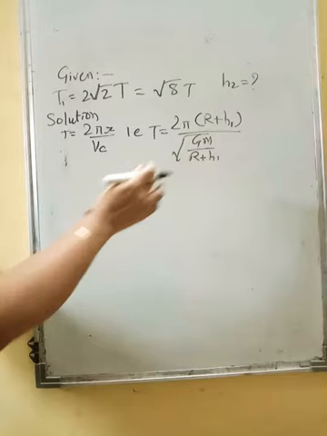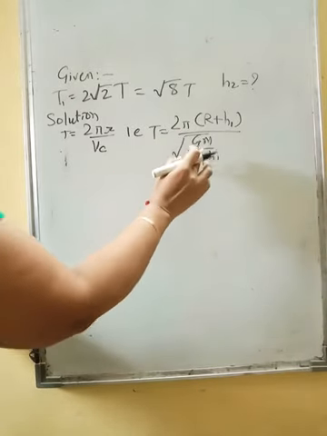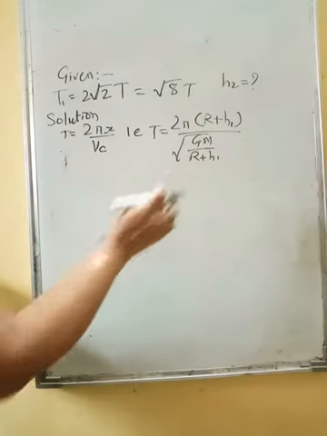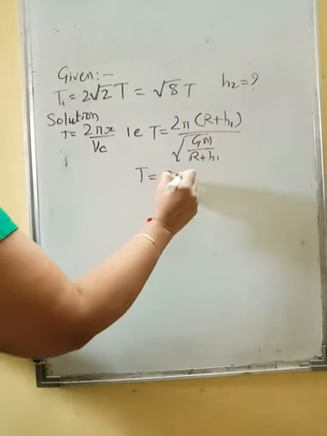Correct? Now you just take this up so that it becomes simpler. So children, this is not in square root, but this is in the square root. So I can write down that t is equal to 2 pi.